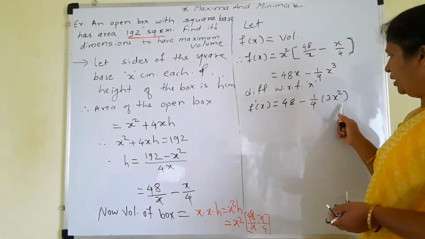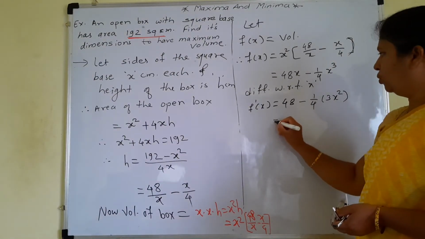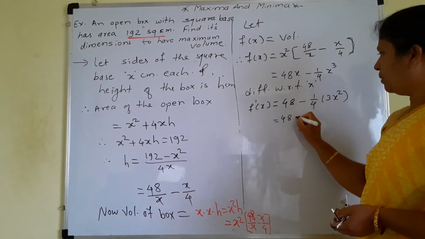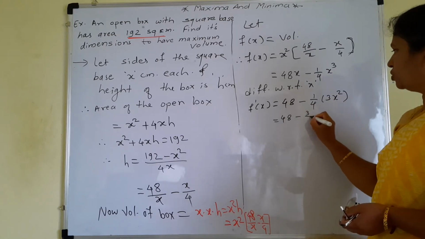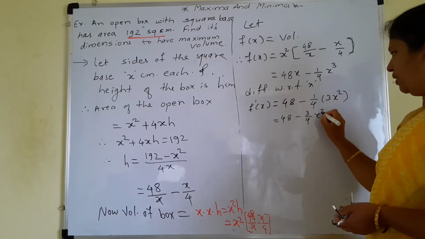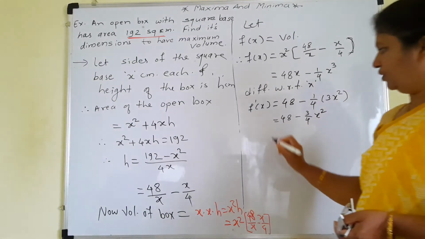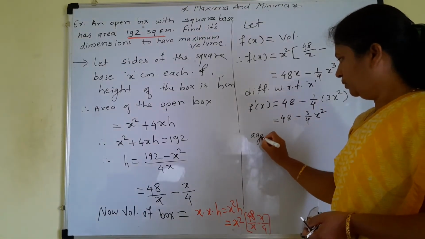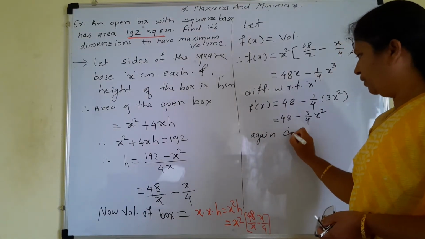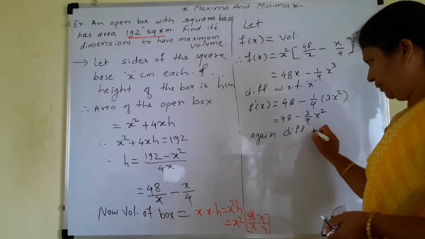This is the first order derivative, so it is 48 minus 3 by 4 x square. Again differentiate with respect to x.